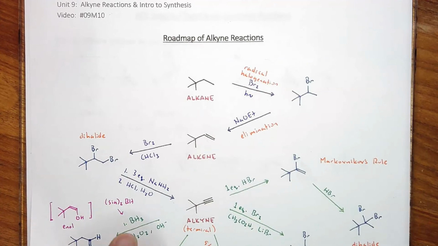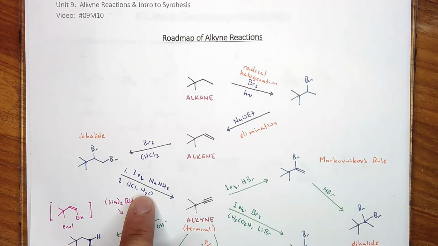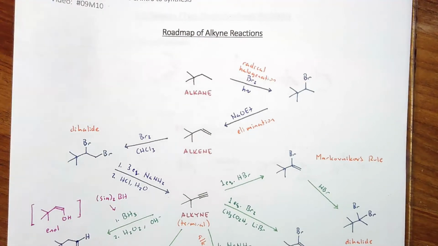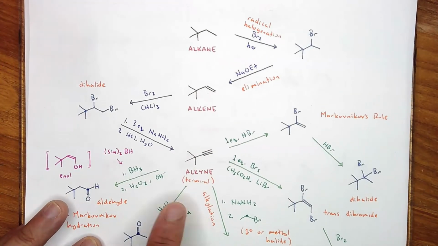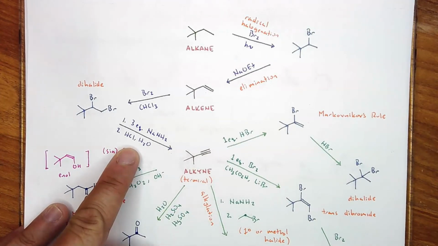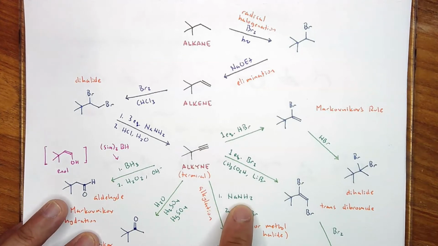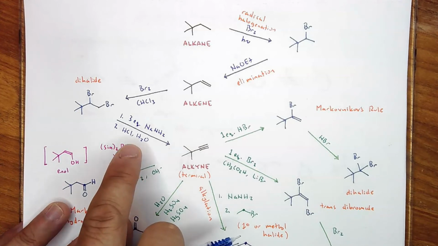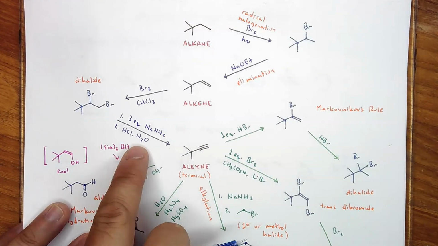In this last reaction to the alkyne, we have three equivalents of NaNH2, and then we protonate the carbon anion. The thing is, if we really want to do an alkylation, why do we protonate it if we're going to have to deprotonate it anyway for the alkylation? So here's the shortcut. I'm not going to protonate in this step.